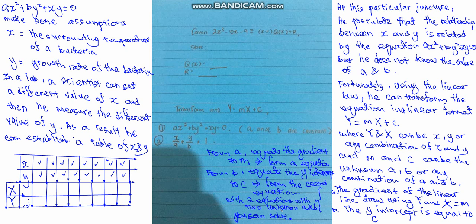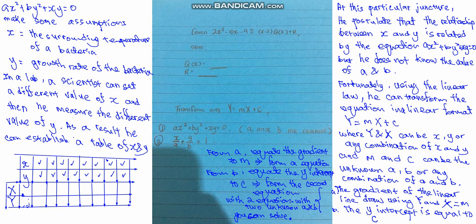Now that puts you in a situation with two unknowns and two equations, similar to simultaneous equations. With that, taking the two equations, you can solve for a and b. That is how linear law is used to solve very complicated equations.